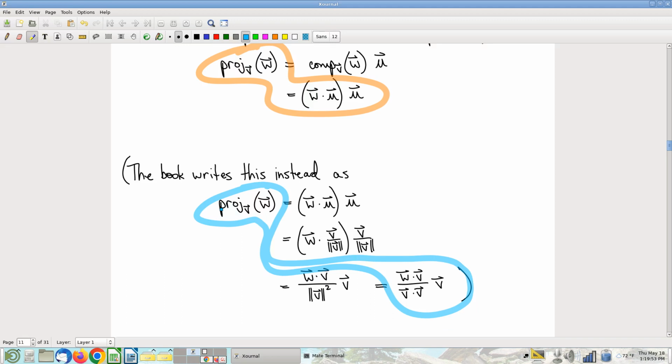Now, which of these do we like better? Pros and cons. Let me make the case first for the bottom formula. The bottom formula, it's very plug and chug, right? In the bottom formula, you're asked for a projection of a vector W in a direction V, and the answer is in terms of W and V explicitly. That's kind of nice. If your job is to plug and chug, you've got to go with the blue formula.